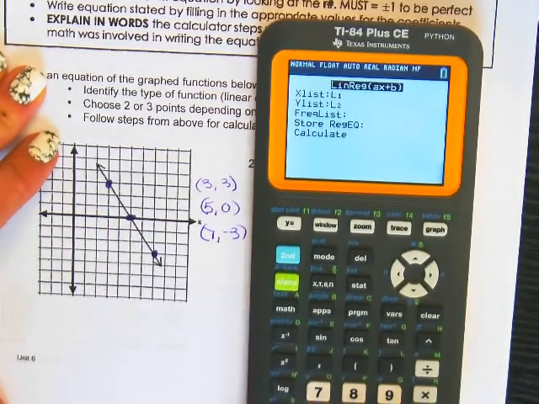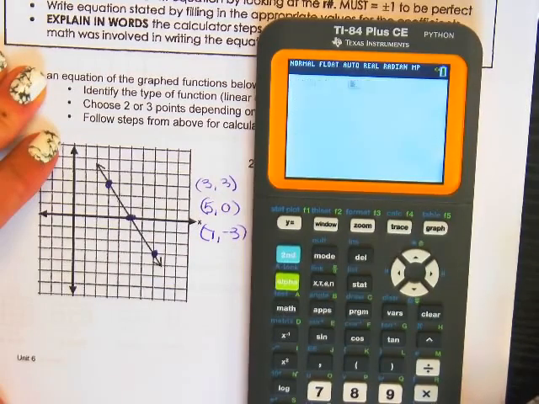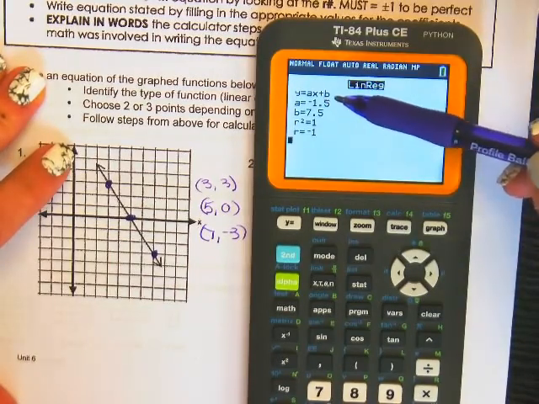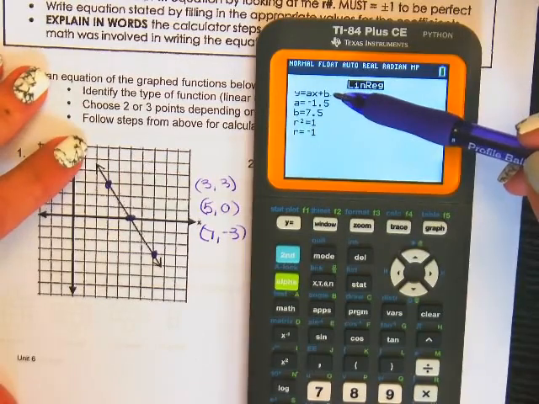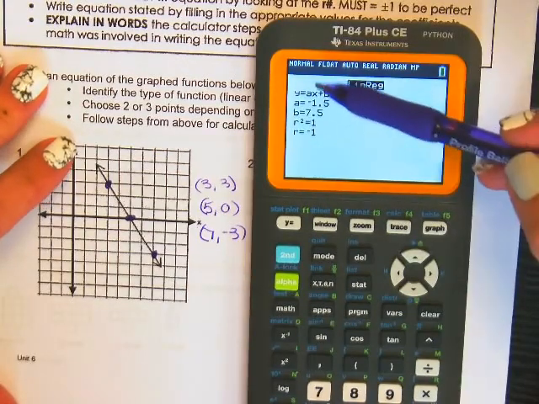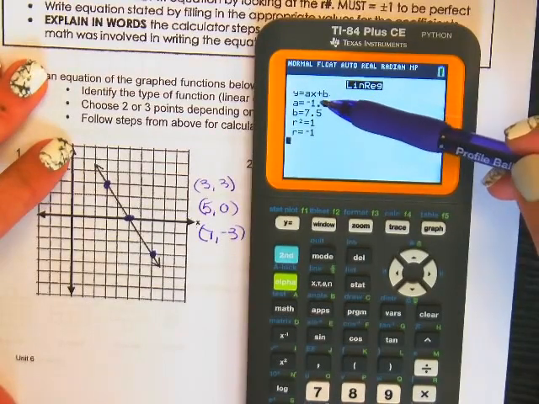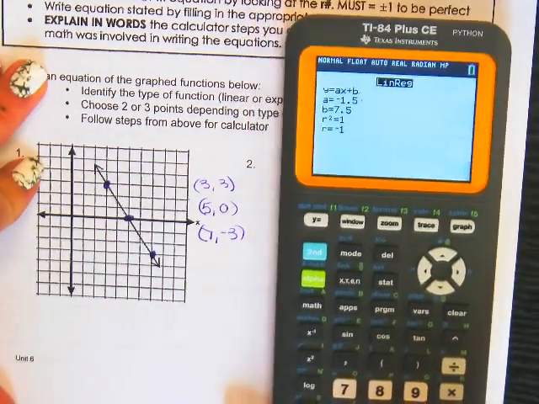Make sure I have L1, L2, hit enter a bunch of times until I get this screen. This screen is telling me that I have y equals ax plus b, which is slope-intercept form, y equals mx plus b, except they use a for m. So it's negative 1.5 for my slope, x, plus 7.5 for my y-intercept.